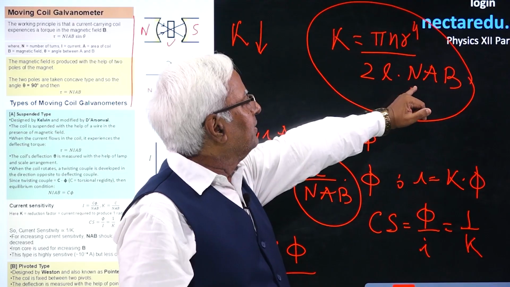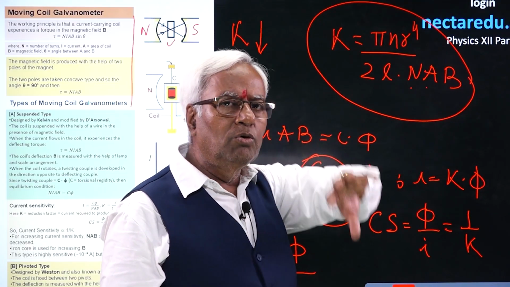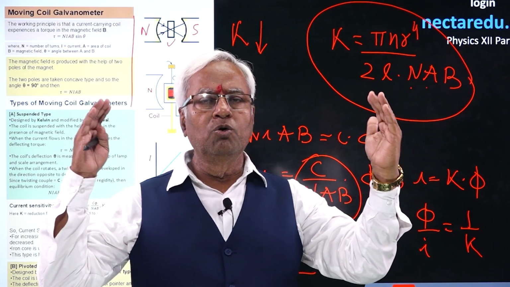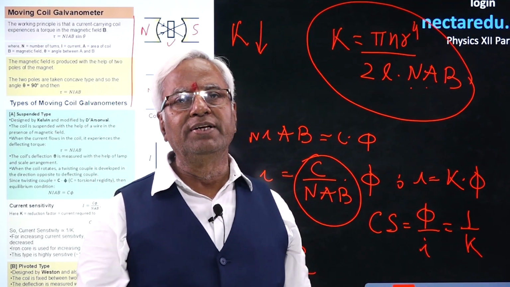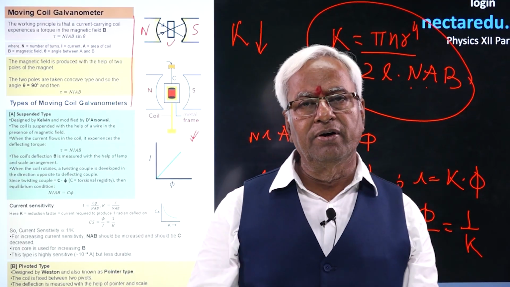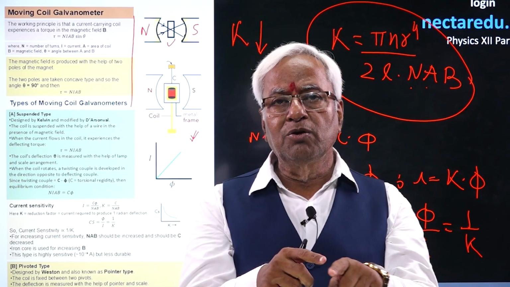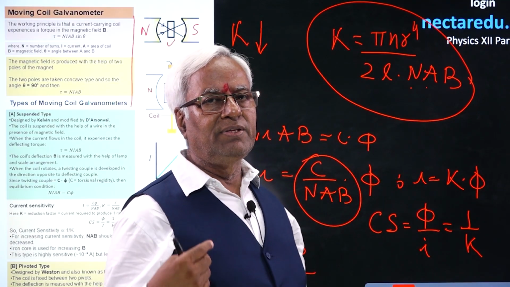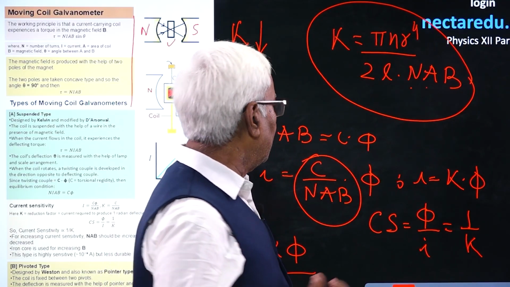Number of turns will be increased, area will be increased, and moreover, the magnetic field should also be greater within the two poles. In order to increase the magnetic field, we introduce some iron core within the coil. By doing that, you can increase the magnetic flux within the coil.